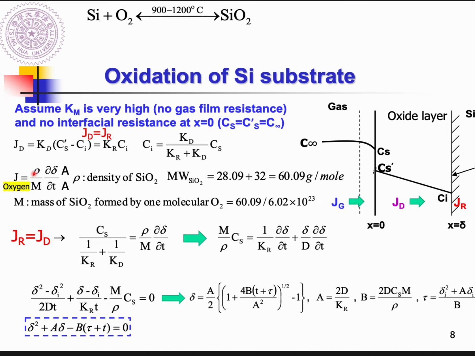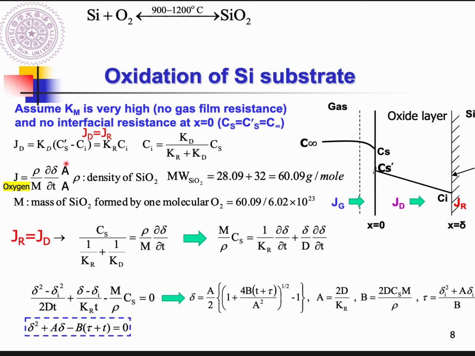Then for flux, you need to divide it by the area and time, but this is the weight of silicon dioxide, right? You divide it by m. What m means is the mass of silicon dioxide formed by one mole of oxygen.